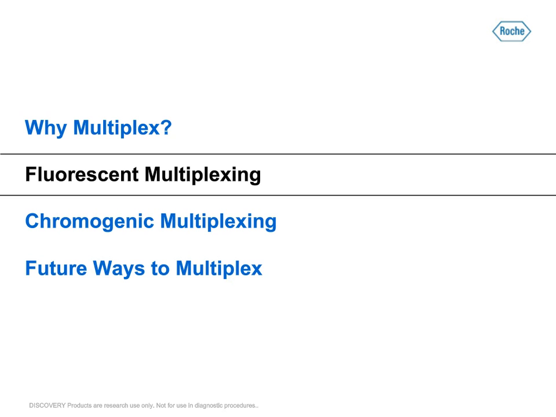But not without its drawbacks, in the fact that because you are not relying on enzymatic deposition, your signal may be a bit weaker than what you would expect to see with a DAB assay or a tyramide fluor assay. So just take that into consideration when using this type of approach for fluorescent multiplexing.